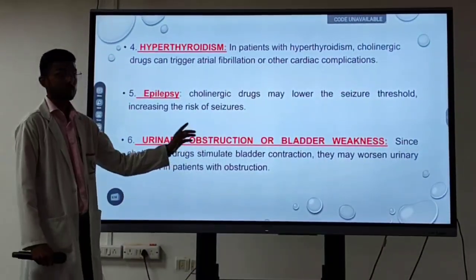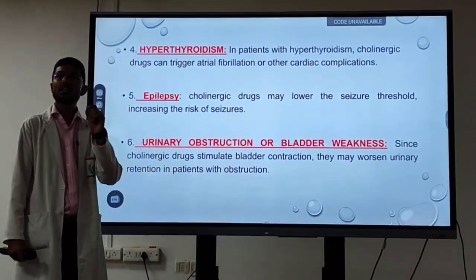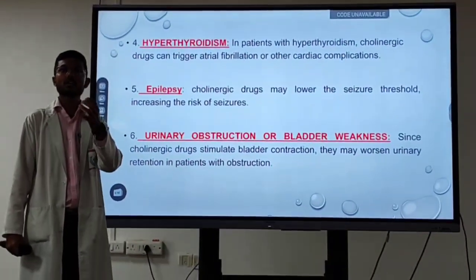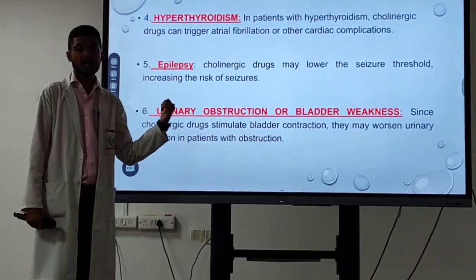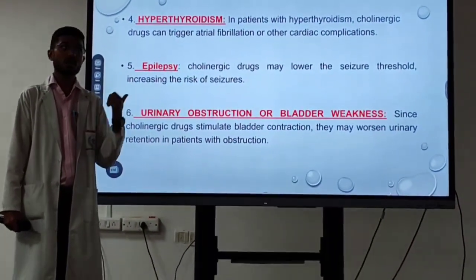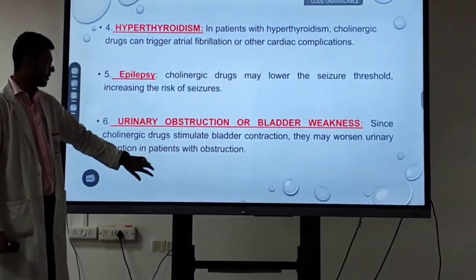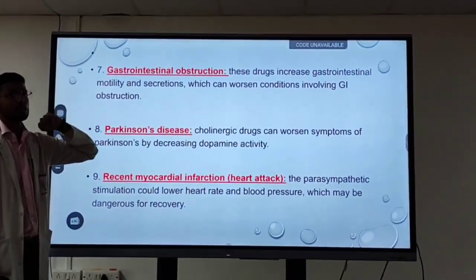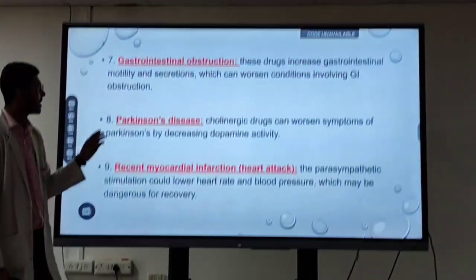Urinary obstruction, we have just seen. In urinary obstruction, if a cholinergic drug is given, it will cause increased contractility of the urinary bladder, and because there is obstruction, the urinary bladder can rupture. So they are contraindicated. Similarly, in GIT obstruction, we won't give cholinergics. It can also lead to rupture.